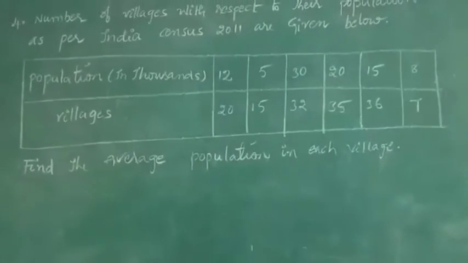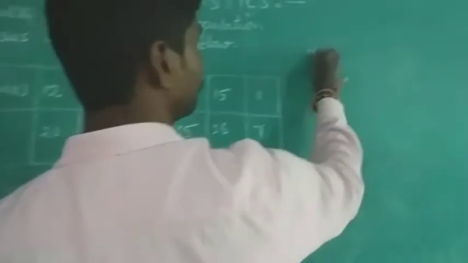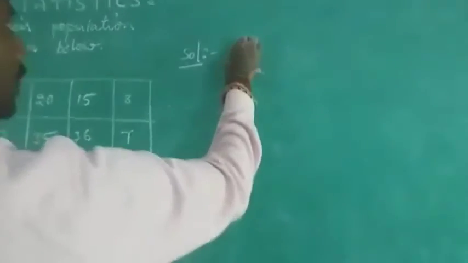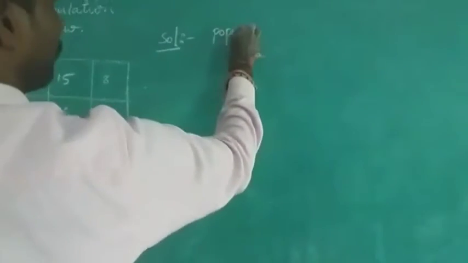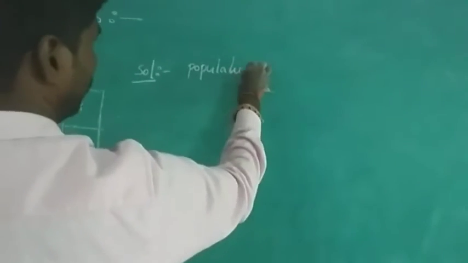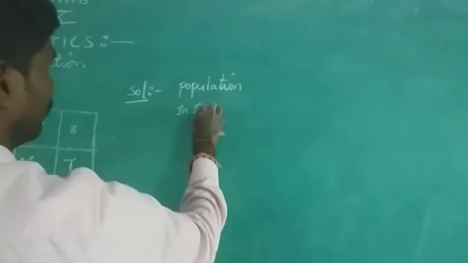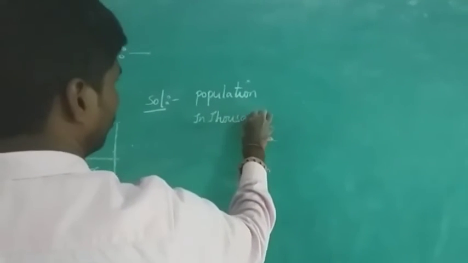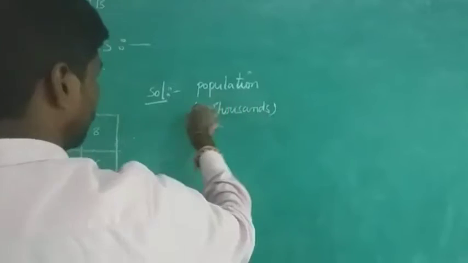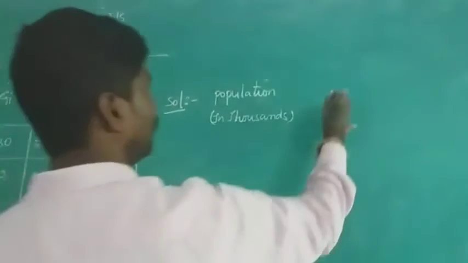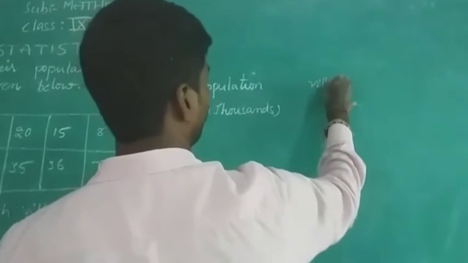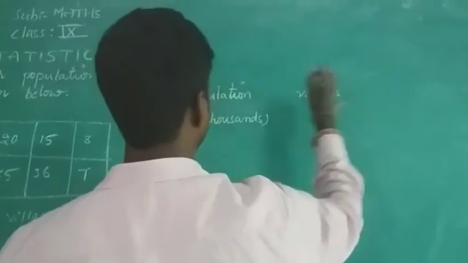See here, I would like to explain: the population in thousands, right? Villages.